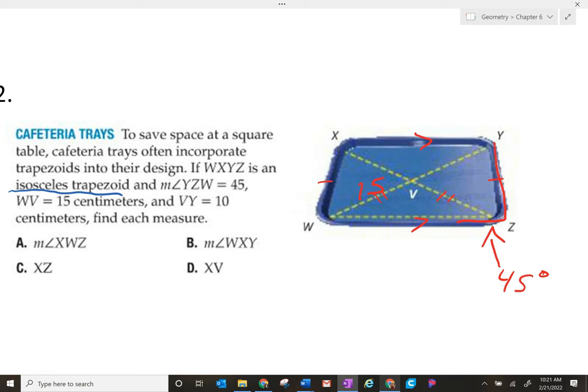And VY is 10 centimeters. Can you guys see those numbers on top of the blue? Okay. All right, from there we should be able to get all those different answers.